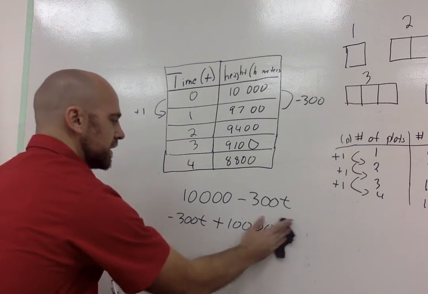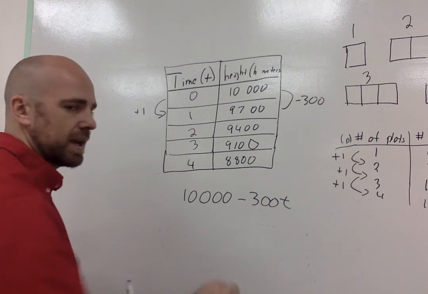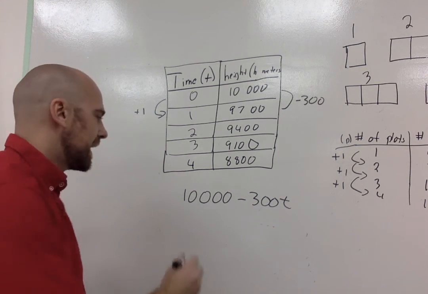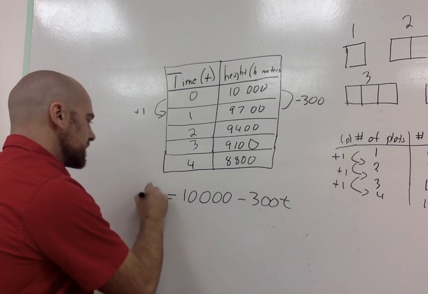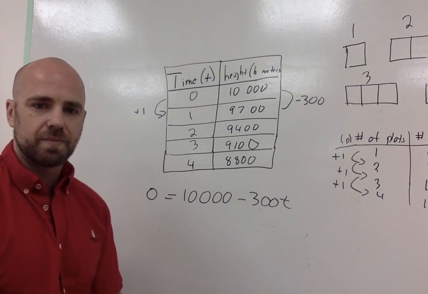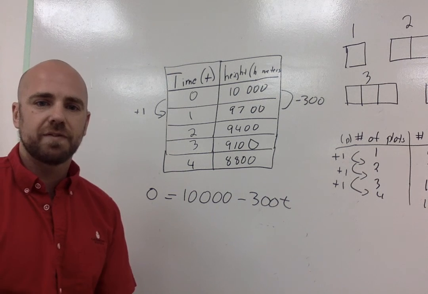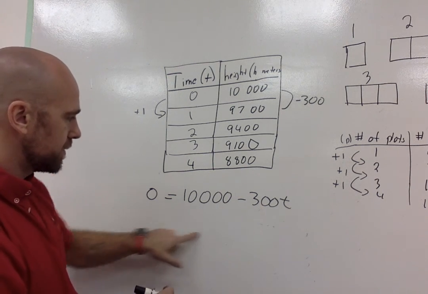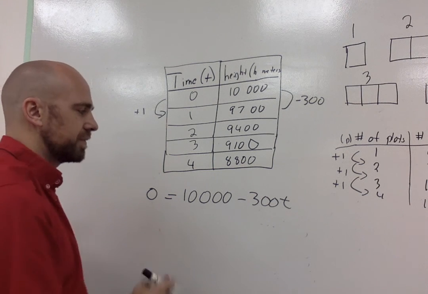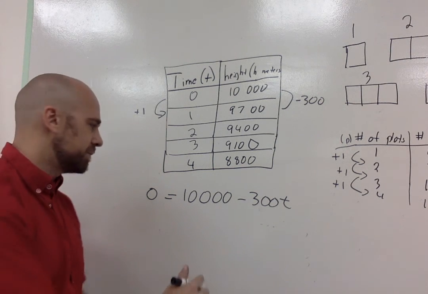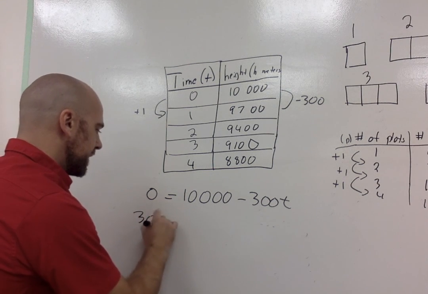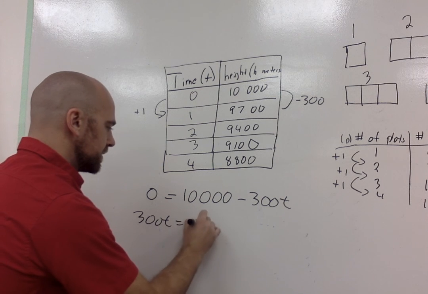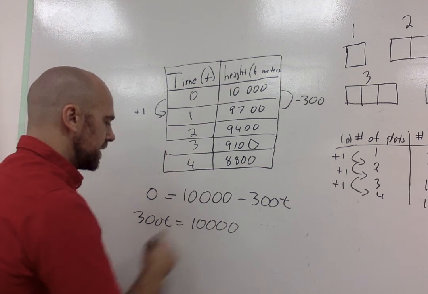Now, let's look at this scenario, and we want to try to get our answer at 0. So we're trying to say 0. How could we try to figure this out? Well, let's bring this one over to the other side. We would have to add 300t to both sides. So we have 300t equals 10,000.